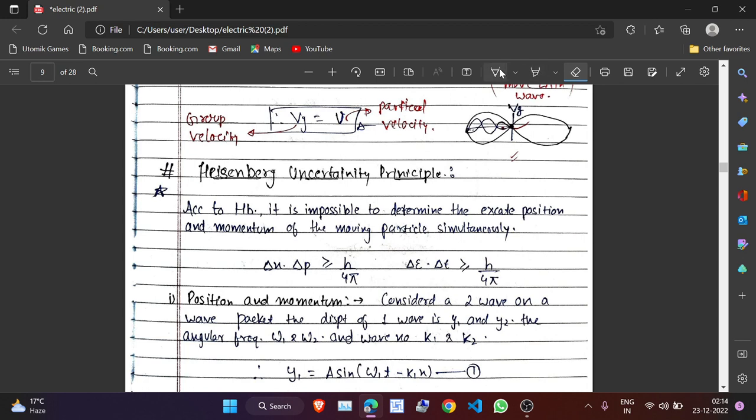It means that we very well know that an electron or any particle has a dual nature. It has a particle nature as well as a wave nature. You can say that it is the first step towards the wave nature of the particle.